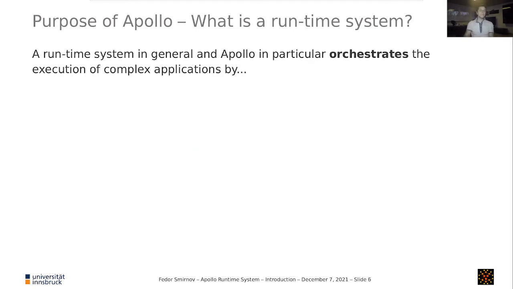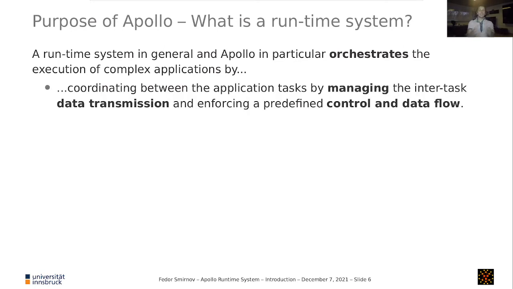Now, more precisely, what does this orchestration mean? Well, on the one hand, it means that you actually coordinate between these tasks, because they have complex dependencies. For example, some tasks must wait for other tasks to produce their data, and some tasks are executed in parallel, or they're executed conditionally depending on the result of the previous task.